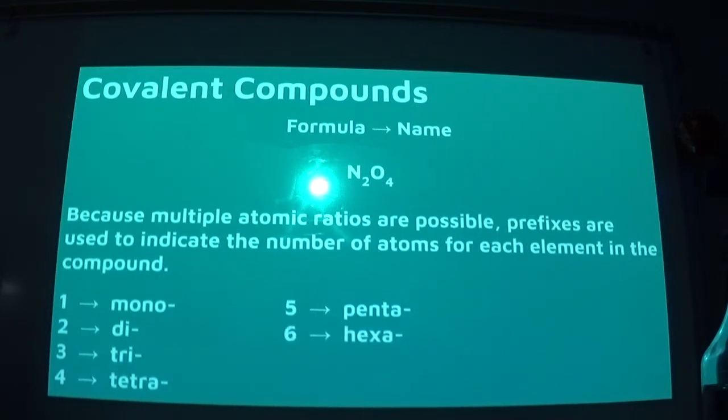Hexagon, 6 sides. 7? Hepta. There are different prefixes depending on what system you're in, like Latin and Greek and all that stuff. 8? Octa. 9? Good guess, but no. Nona.